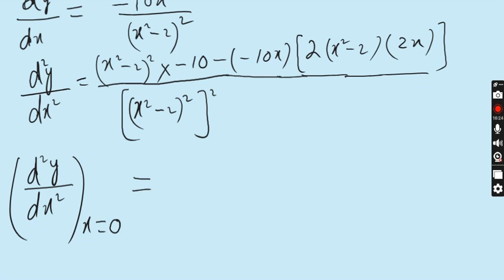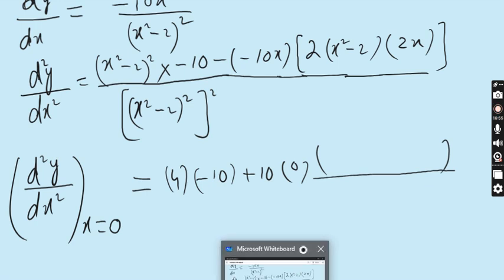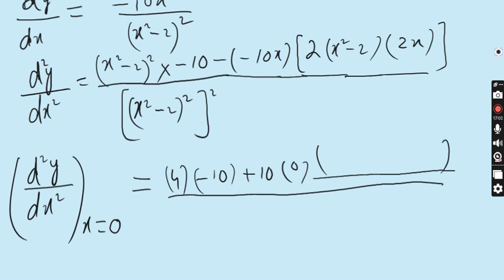So x² - 2, 0 squared minus 2 is minus 2, minus 2 squared is plus 4, multiplied by minus 10, minus minus plus 10, 10 multiplied by 0, and this whole 2 into (x² - 2) into 2x is obviously overall 0, because something multiplied by 0 is always 0, upon 0 squared is 0, 0 minus 2 is minus 2, minus 2 squared is 4, and 4 squared.